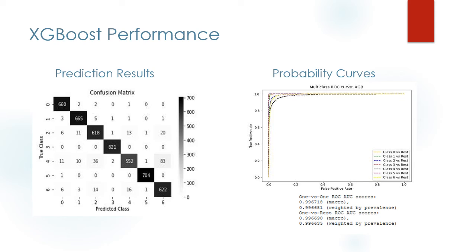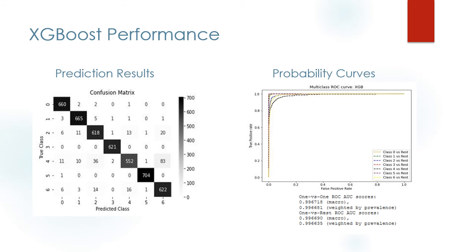The ROC curves, the probability curves, illustrate the diagnostic ability of a classifier system. In this case, we use ROC for multi-class classification, 1 versus 1 and 1 versus rest. The higher the area under the curve, the better the model is at predicting the correct class. XGBoost produced good OVO and OVR macro and weighted scores of 0.997.